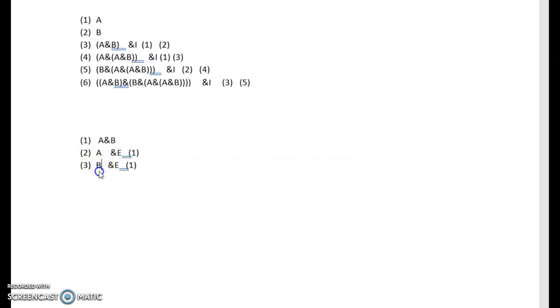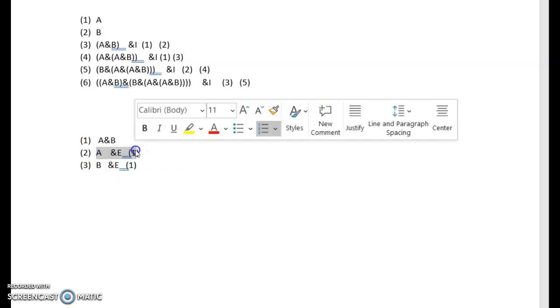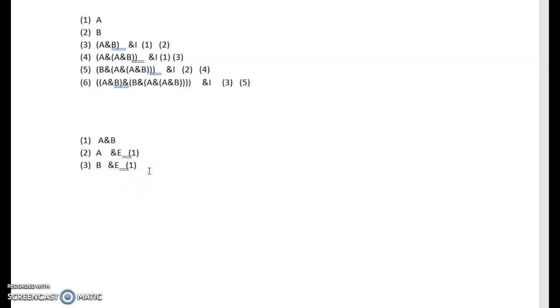You need to do these separately because each line needs to be a self-contained logical statement. And now, in fact, what's kind of fun is I can make B and A, using 2 and 3 with the conjunction introduction. So that's kind of how these rules work.